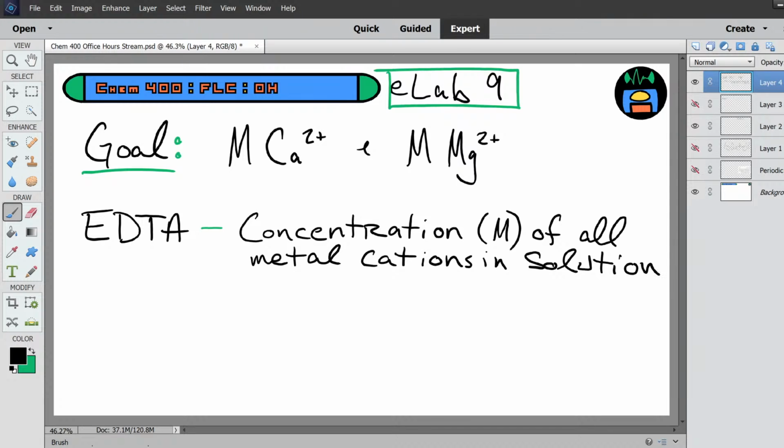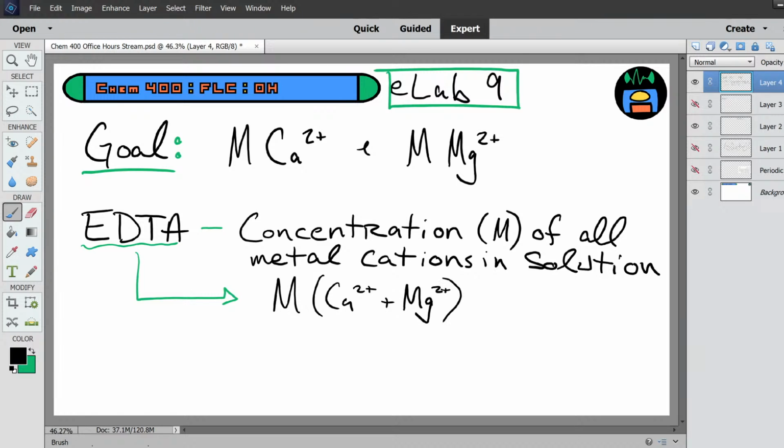All right, that's what EDTA buys us. In other words, from EDTA, we can get the molarity of calcium and magnesium together.